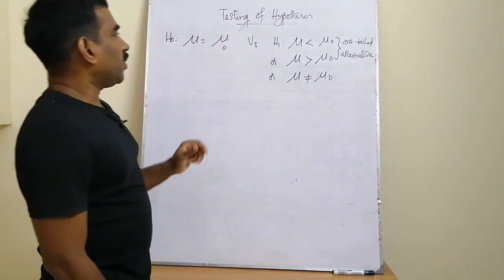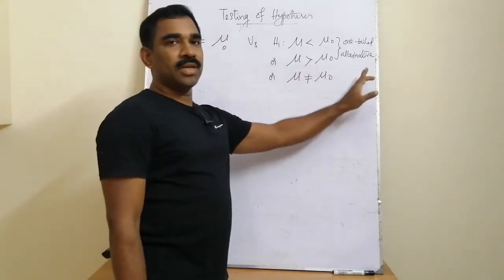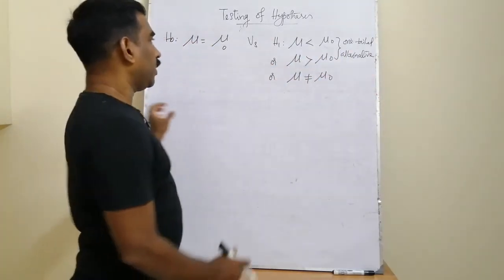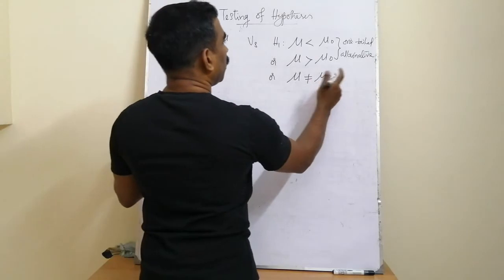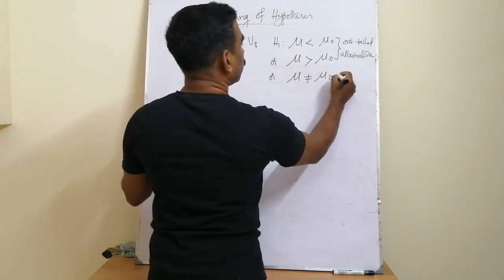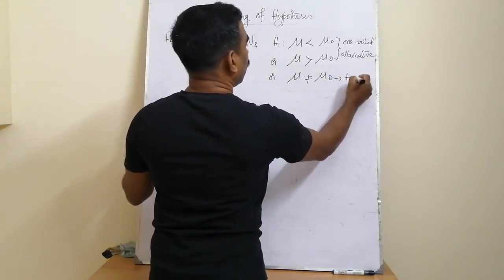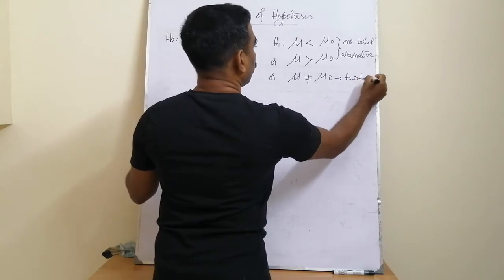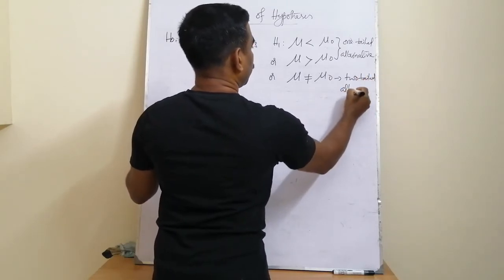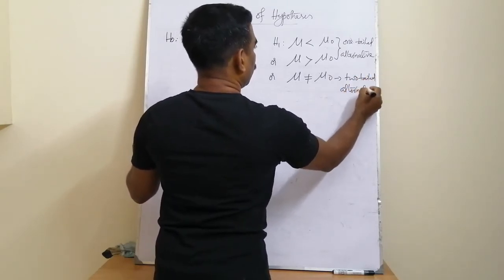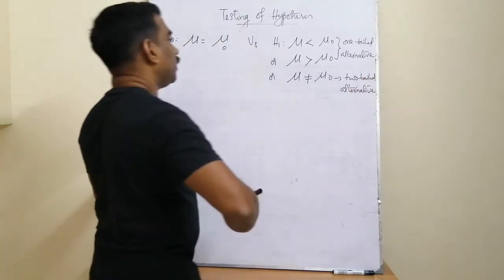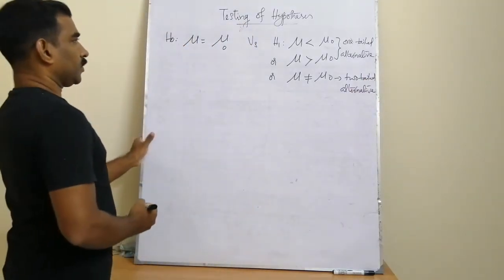Because the corresponding critical region or the rejection region has one tail probability, and for mu not equal to mu naught, it is called a two-tailed alternative.